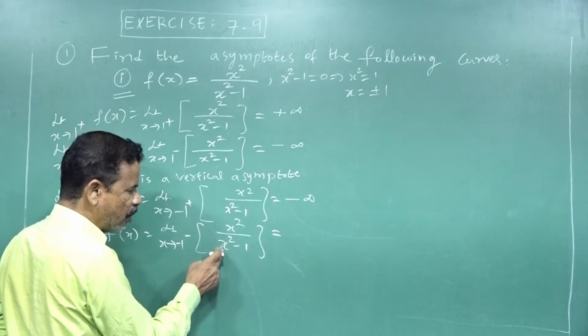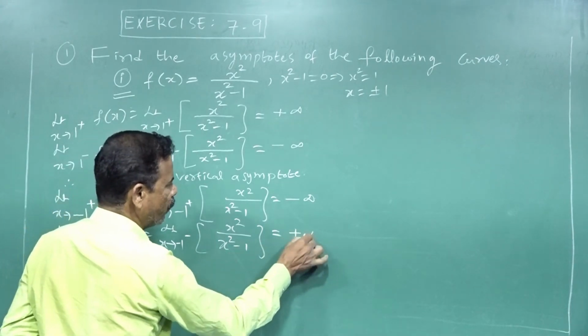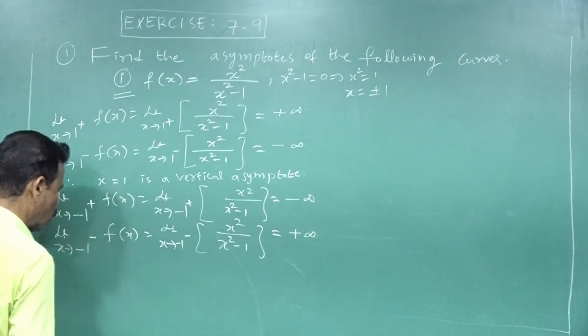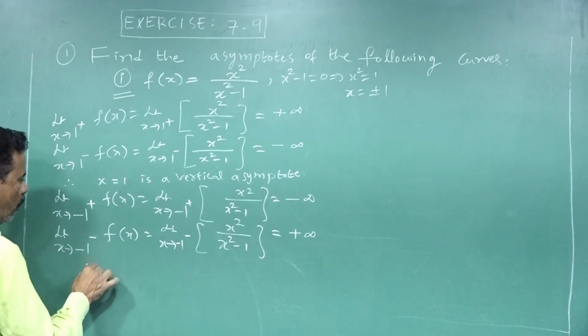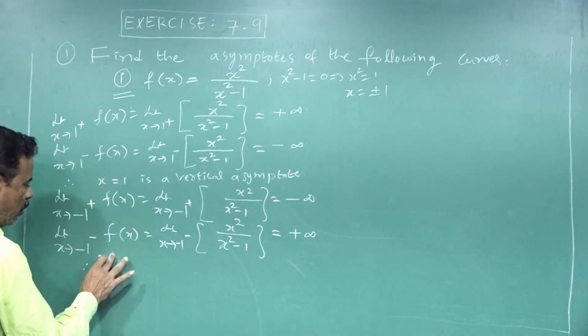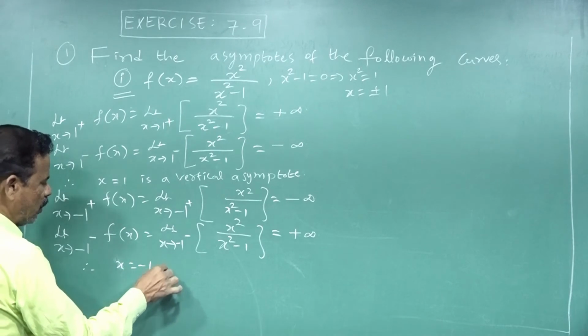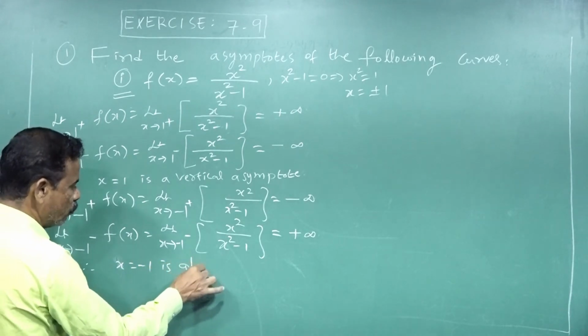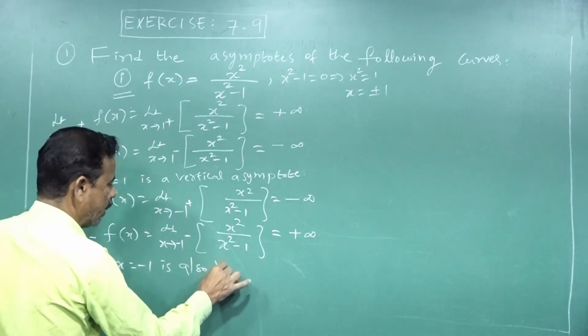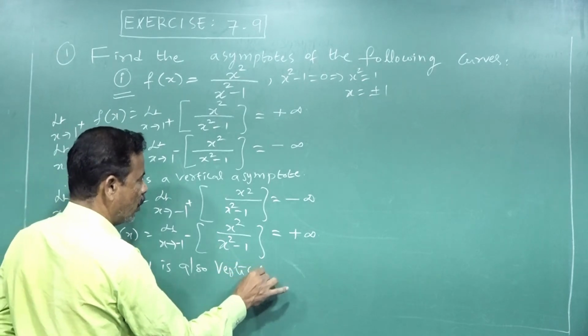Compared to 1 this is the bigger value. That's why positive infinity is coming. So x is equal to minus 1 is also a vertical asymptote.